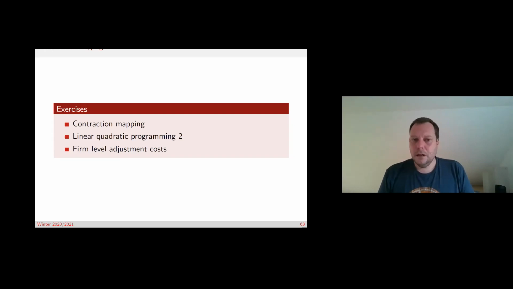Okay, so the first exercise is really just working through the different steps again by hand, or verifying at least that the steps that are given are correct. And then the linear quadratic programming case is either working it through the theoretical approach, which is exercise A, which you can skip if you like, and then doing it numerically, which is B and C. And the firm level adjustment exercises are from the book by Ljungqvist and Sargent.